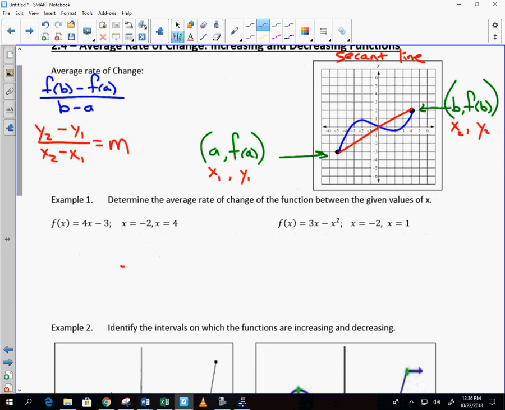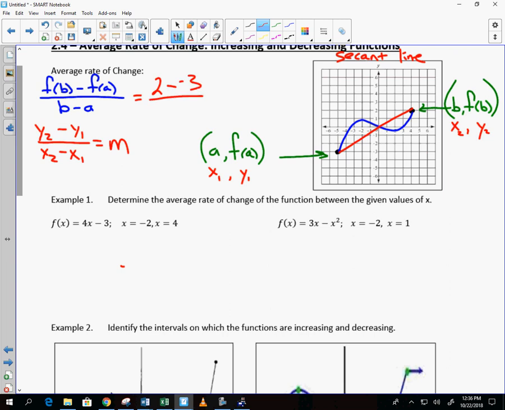So let's find the average rate of change of this function right here, okay? What is your y sub 2 value of this function right here? What's the height at this dot? 2. Minus, what's my y sub 1 value? -3.